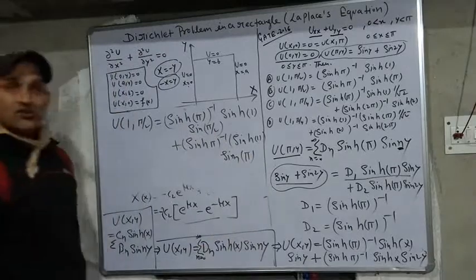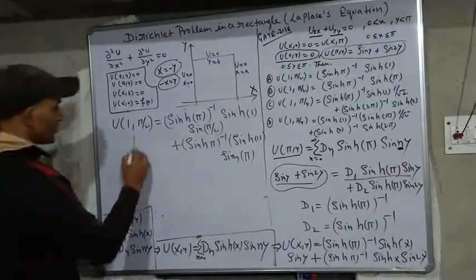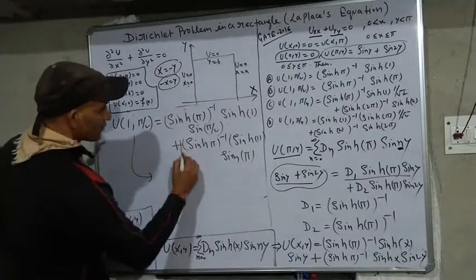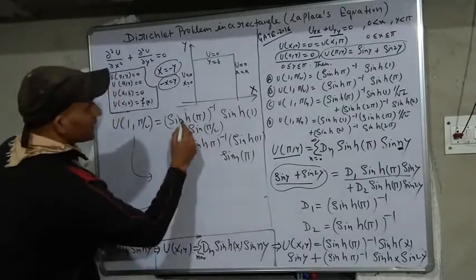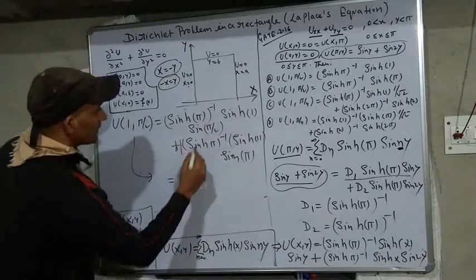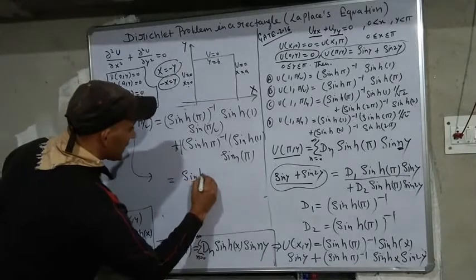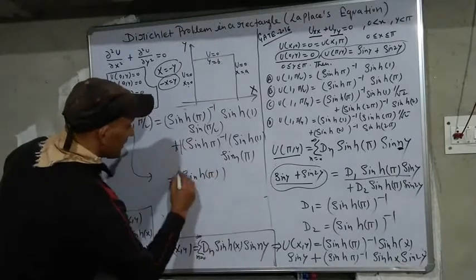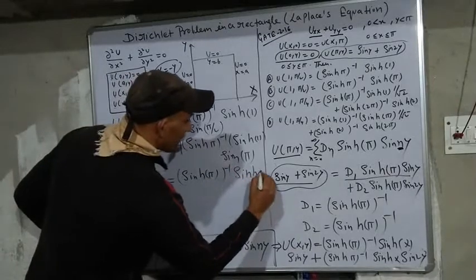You know that sine pi is equal to 0, so everything there will be 0. And sine pi by 2 is equal to 1. So your answer will be sine hyperbolic pi inverse and sine hyperbolic 1.